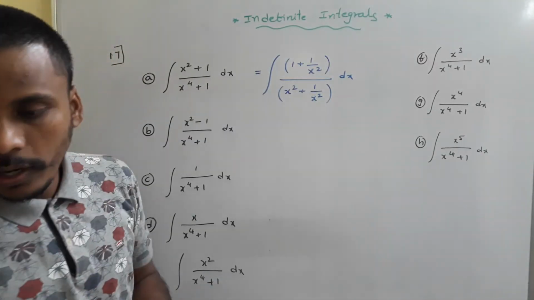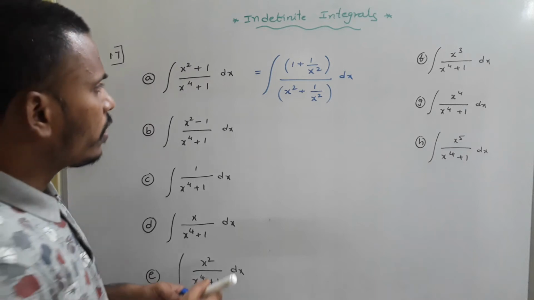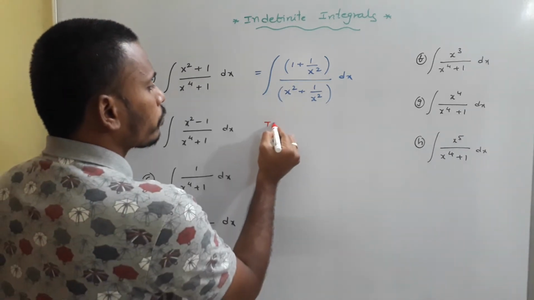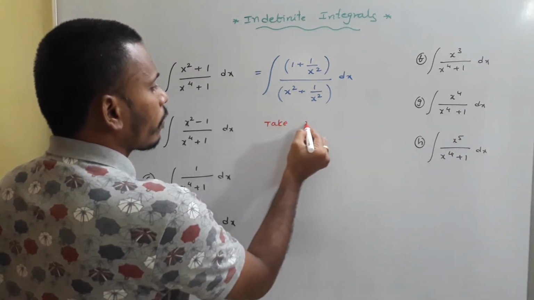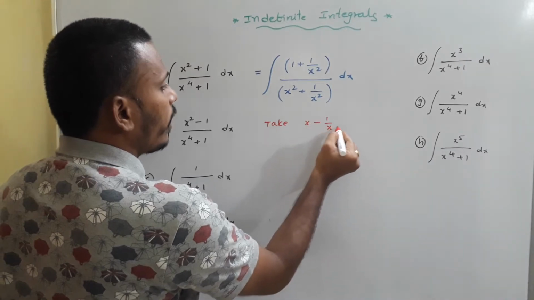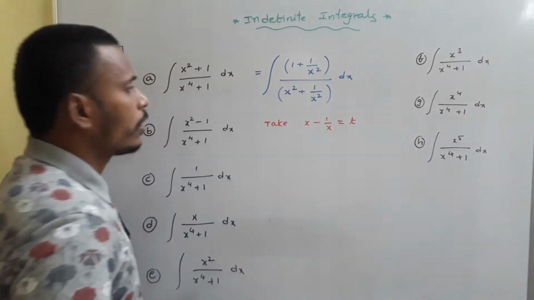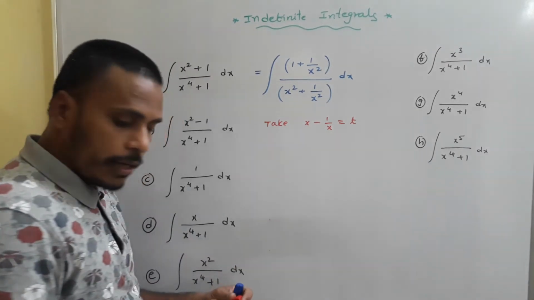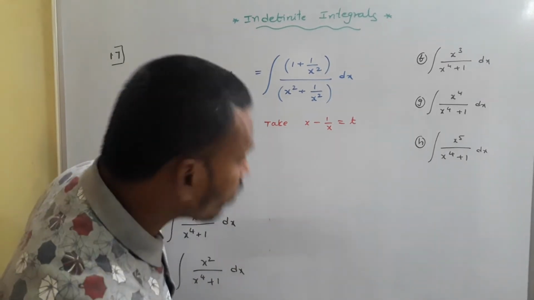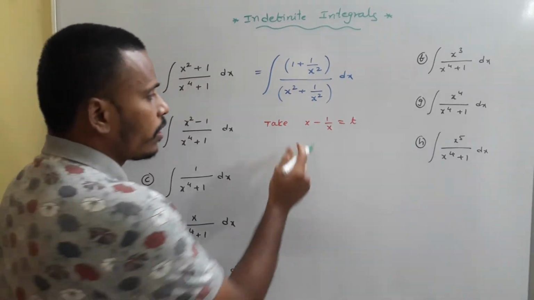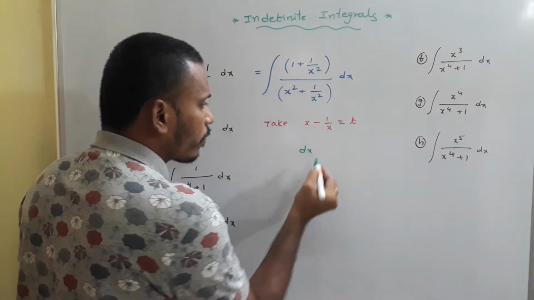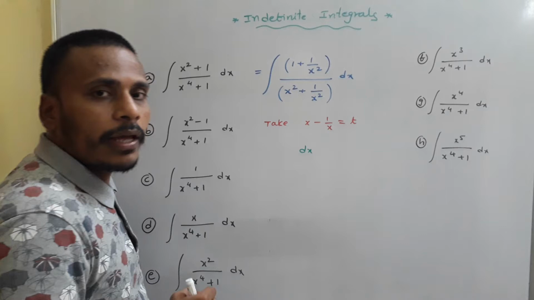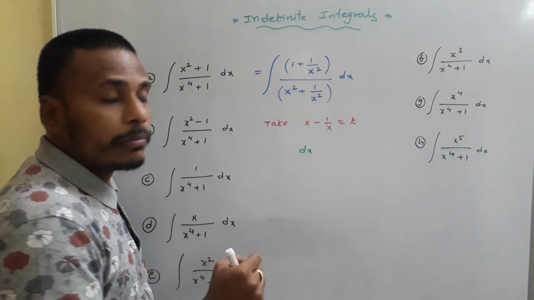Okay. And what is our substitution? You just take x minus 1 by x equals t. If x minus 1 by x equals t, then what do you say about its differentiation? The derivative of x is dx and the derivative of 1 by x is minus 1 by x square.